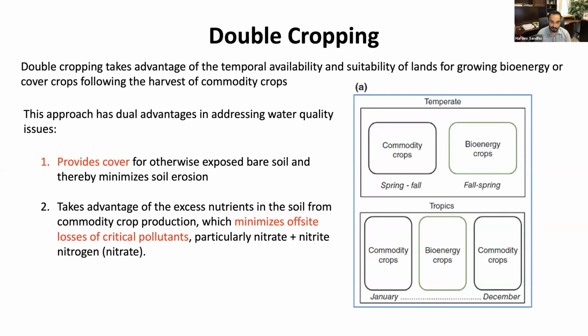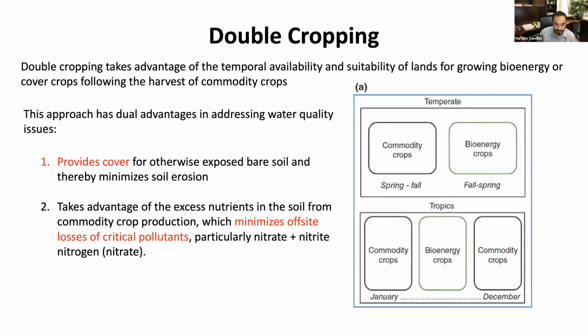It can provide cover for the bare soil if we are not growing anything on that soil during the off season. If we grow energy cane or a bioenergy crop on that land during the off season, then it can provide cover and minimize soil erosion.